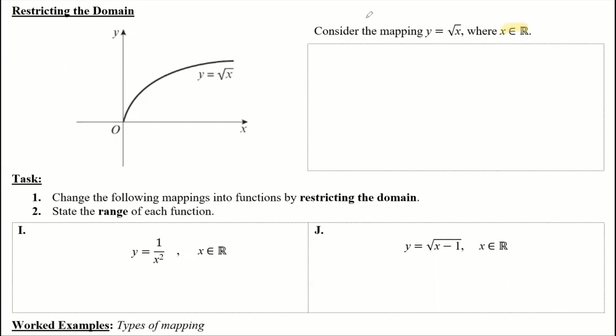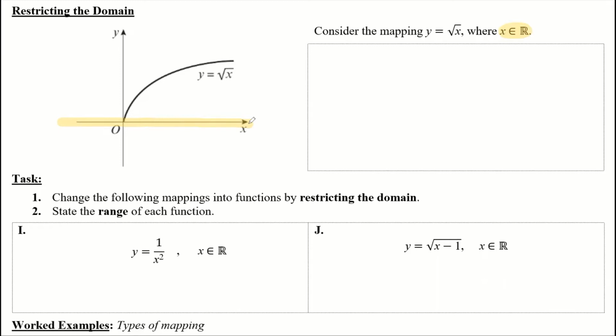Now, you should be able to see from the graph also on the left-hand side here, if I allow all real numbers as inputs, we're going to have a problem, aren't we? Because it's only the positive real numbers and 0 that are defined for the mapping y equals the square root of x.